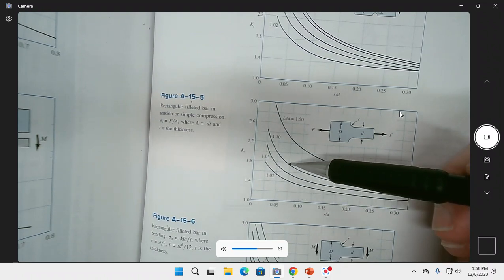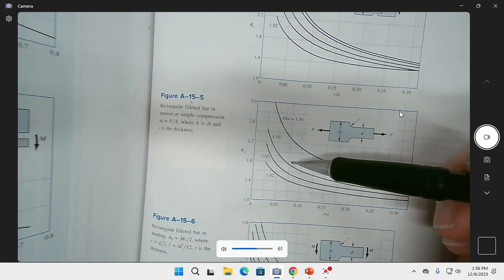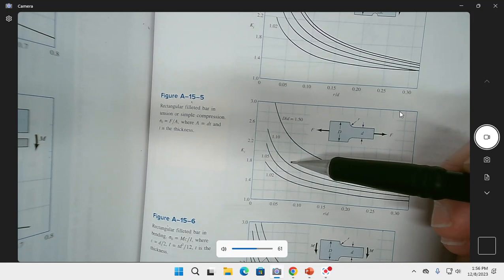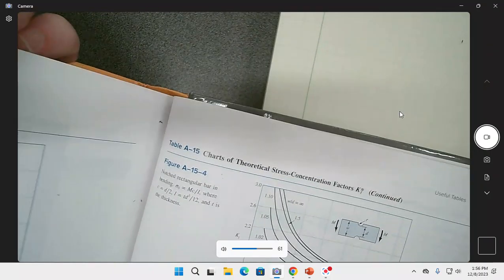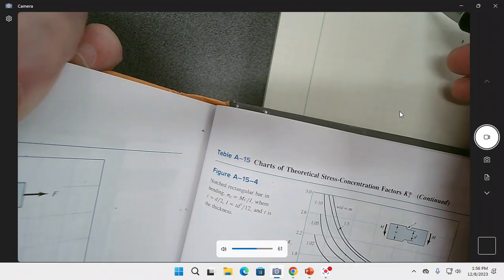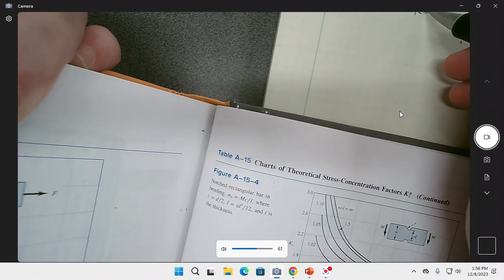So a little bit above this and a little bit to the right. Yeah, it's looking like 1.8's not a bad choice. Everybody okay with that? Because we're going to look it up in the book and find out how far off we were.